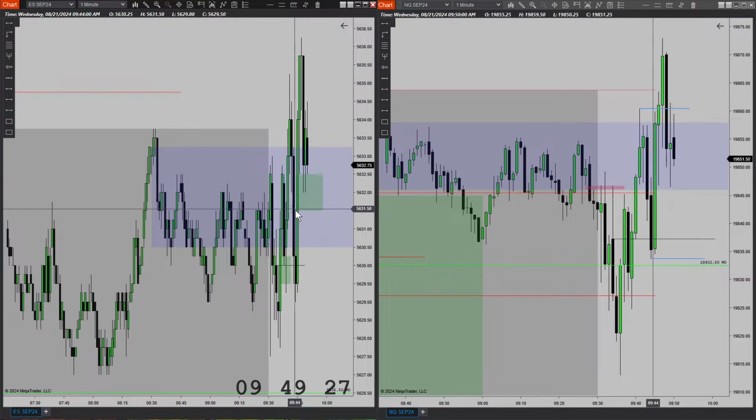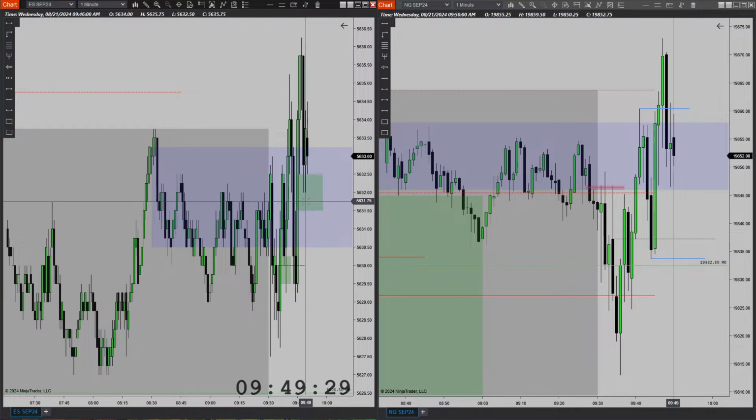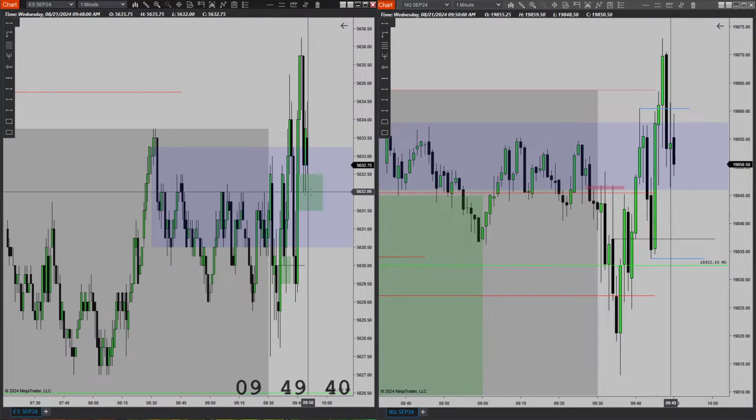There's a tiny void here, so I wouldn't be surprised if price came into here. What I want to see is, you see, it's bouncing off a consequent encroachment here. As long as I keep on seeing, even if it penetrates this area here, as long as it keeps on closing above 50% of this range, I'll be okay.